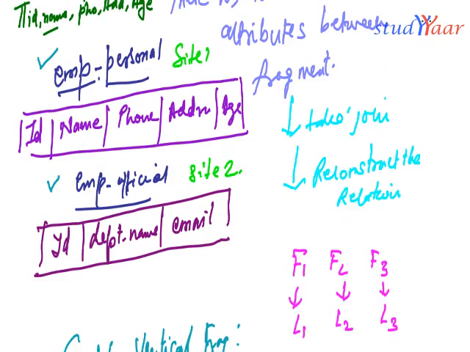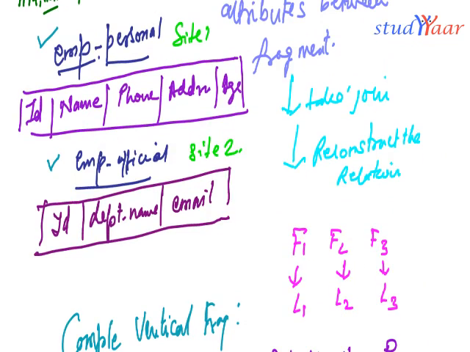So as you can see over here, the intersection of employee personal and employee official is ID, which is the primary key.